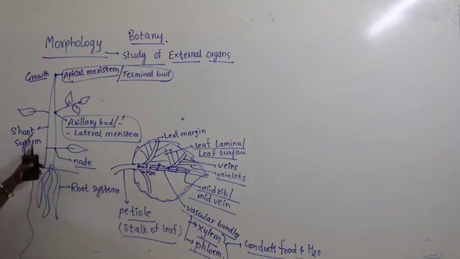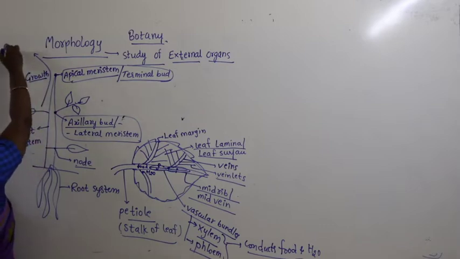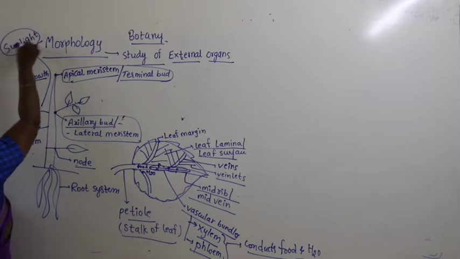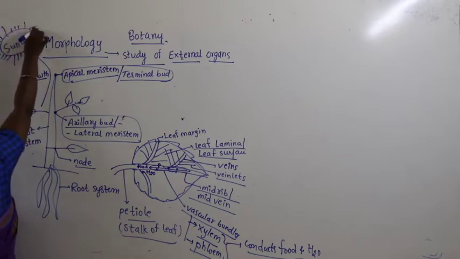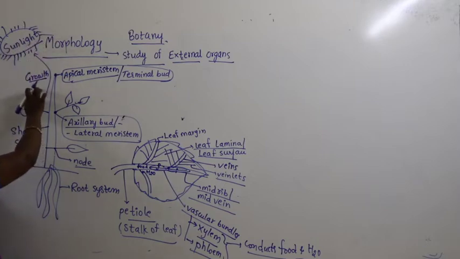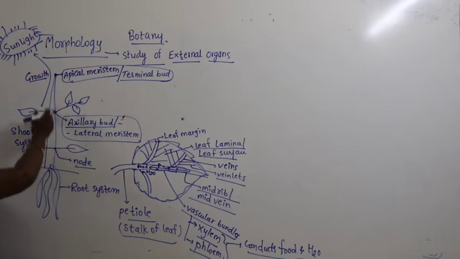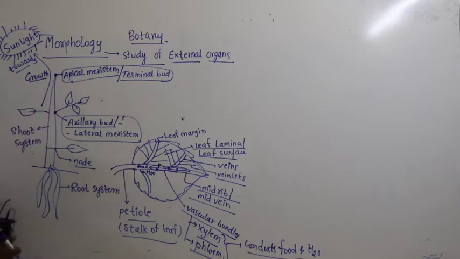Now, here if you look at shoot system, growth of the shoot system is towards sunlight. The stem is growing towards sunlight. That's why the growth of the shoot system is called phototrophism.